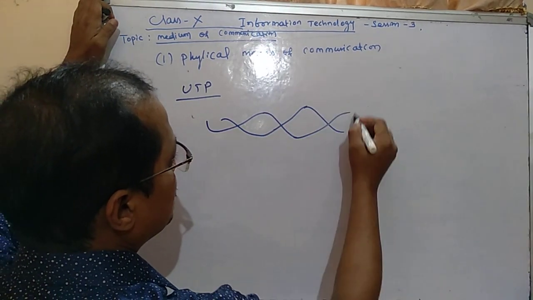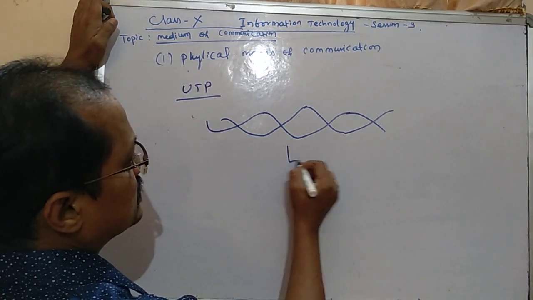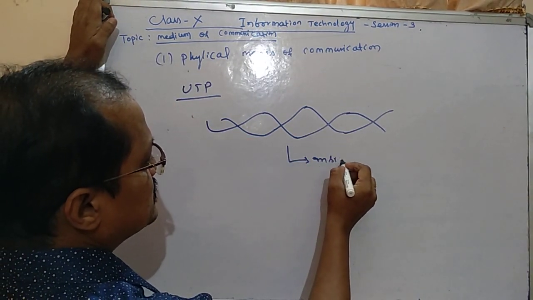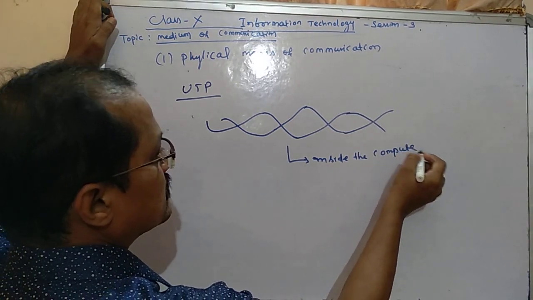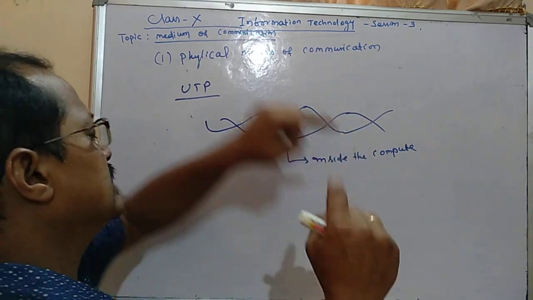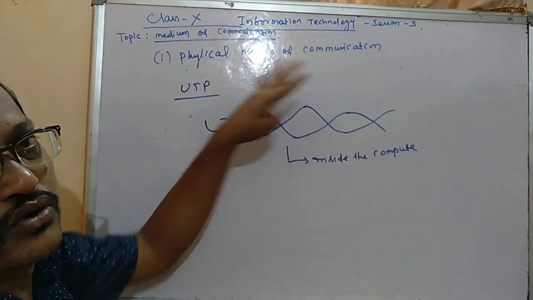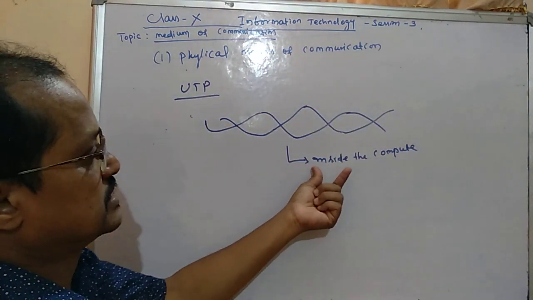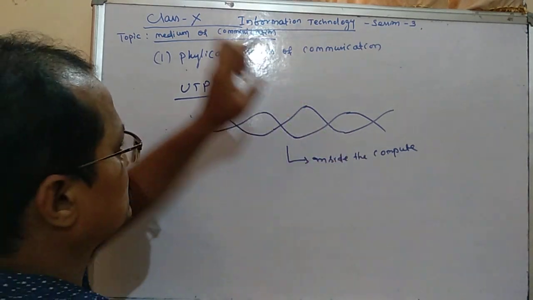You already know this type of wire can be found inside the computer. It is called twisted pair, with no covering over it, and it is used for wiring inside the computer.